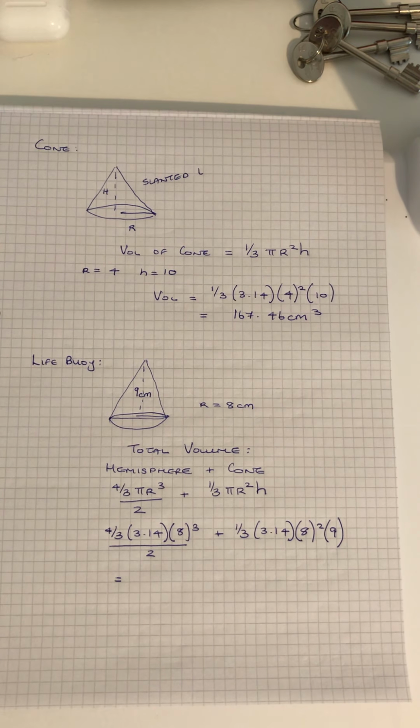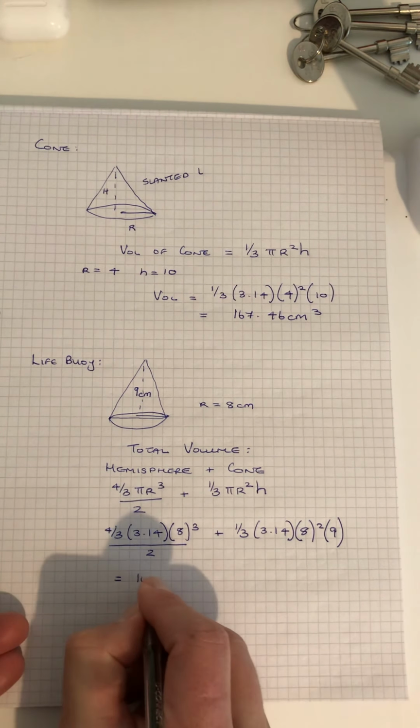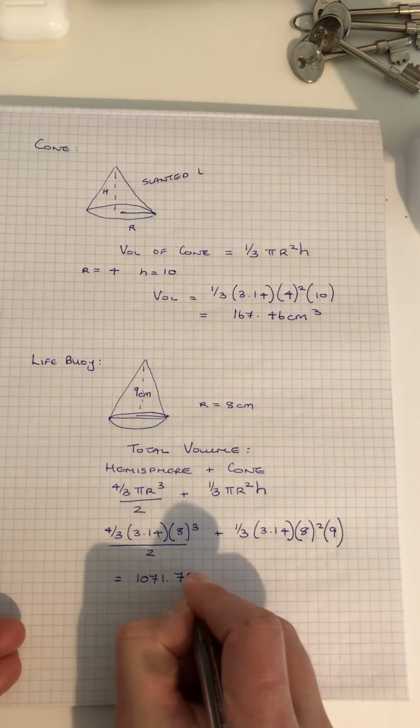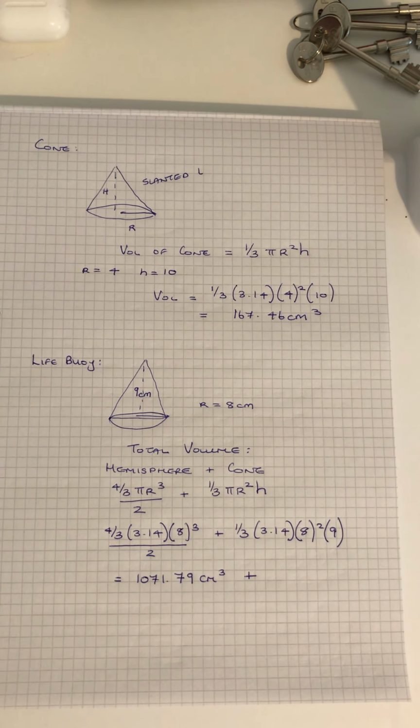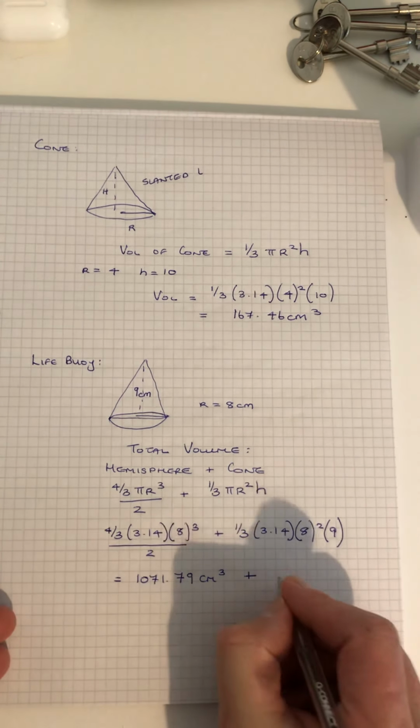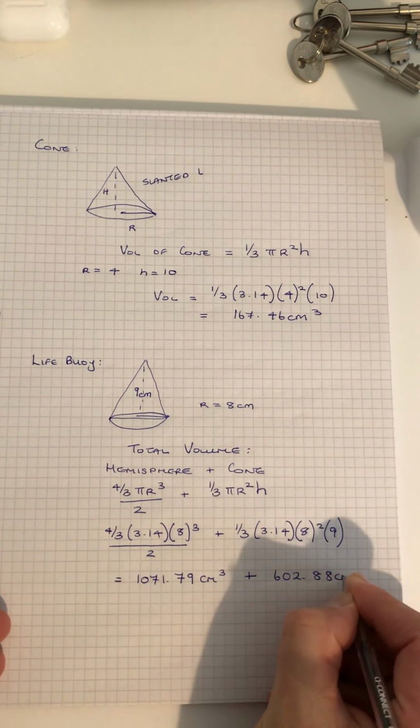So 4 over 3, 3.14 by 8 cubed, divide that by 2, is 1071.79 centimeters cubed, plus 1 over 3 multiplied by 3.14 multiplied by 8 squared multiplied by 9, which is equal to 602.88 centimeters cubed.